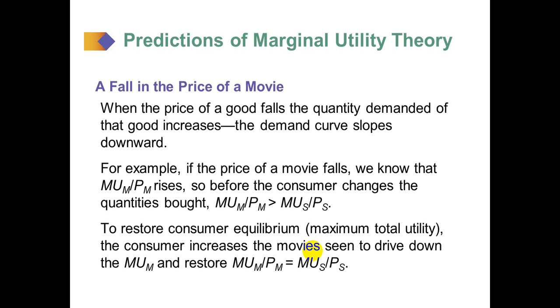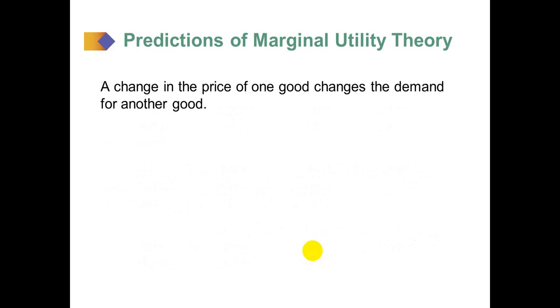To restore consumer equilibrium, or maximization of total utility, the consumer increases the movies seen to drive down the marginal utility for M and restore marginal utility for M divided by PM, the condition for equilibrium, equal to marginal utility for S divided by PS.